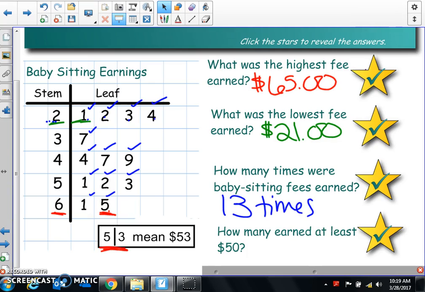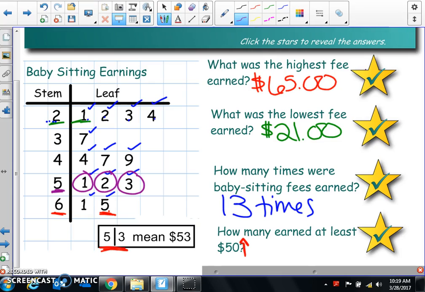Yep. How many earned at least $50? Remember, at least means 50 or more. So I need to go in here and say, okay, this is 51, 52, 53. This is 61, 65. So 1, 2, 3, 4, 5.